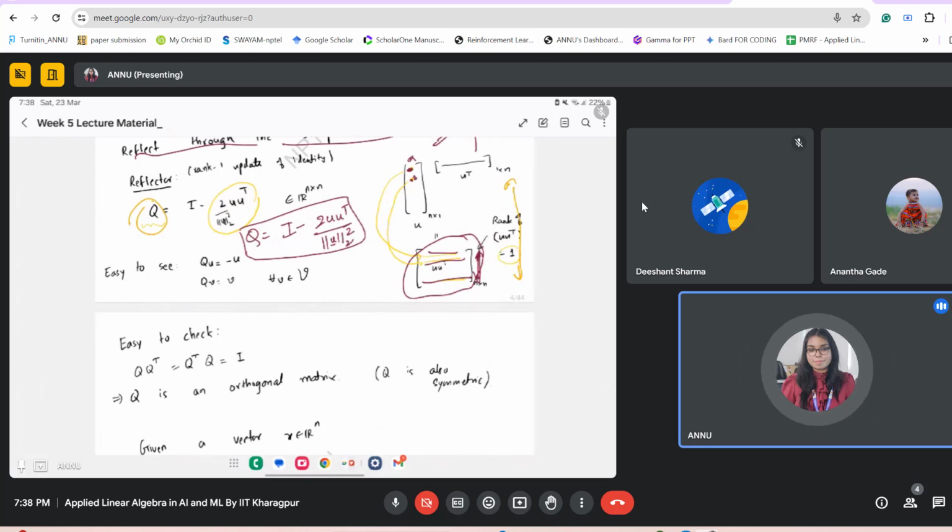So we cannot directly write root over A transpose A. But yeah, the largest eigenvalue of A transpose A will be the 2 norm. So somewhere I wrote it and forgot that largest eigenvalue.